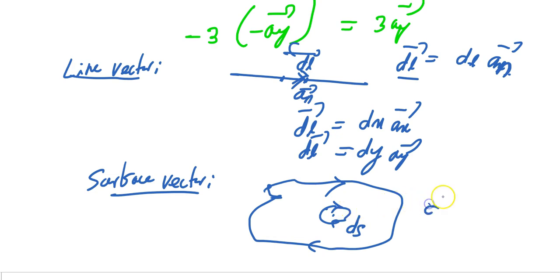So the infinitesimal surface vector ds will be the magnitude of that infinitesimal area and an. What is an? an is the normal to this surface. When you curl the fingers of your right hand, which direction is your thumb showing? In the downward direction. So this is your an vector.